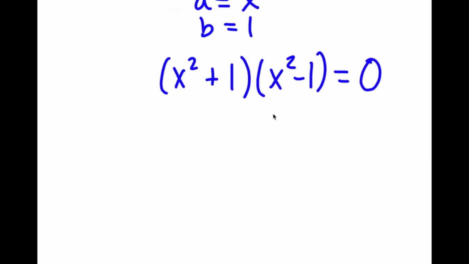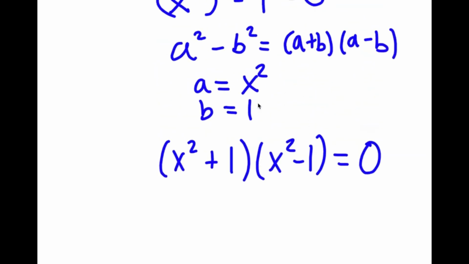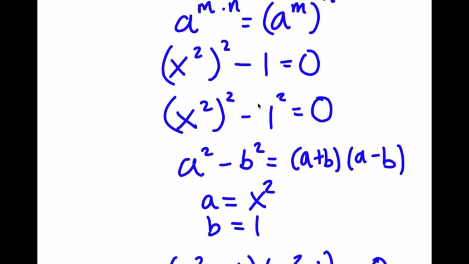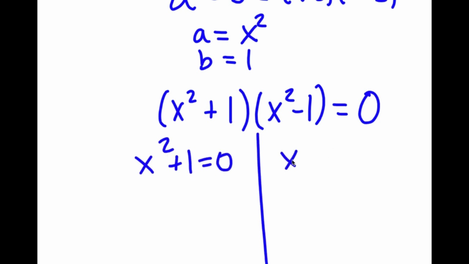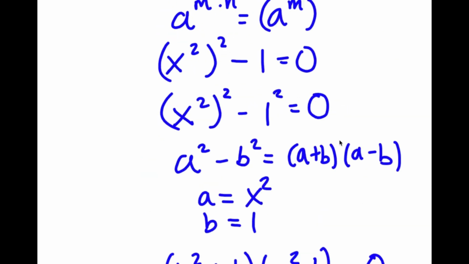Now this actually gives me two equations. I have x squared plus 1 is equal to 0, and I have x squared minus 1 is equal to 0.